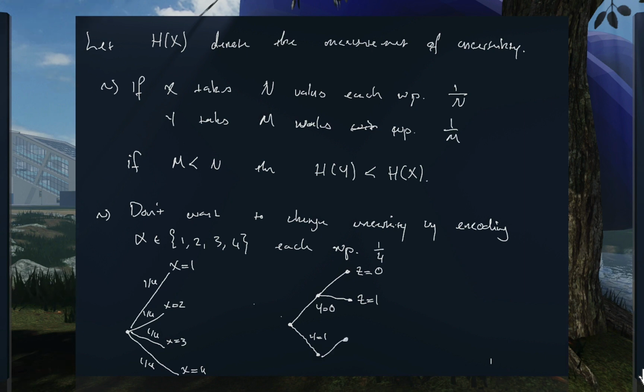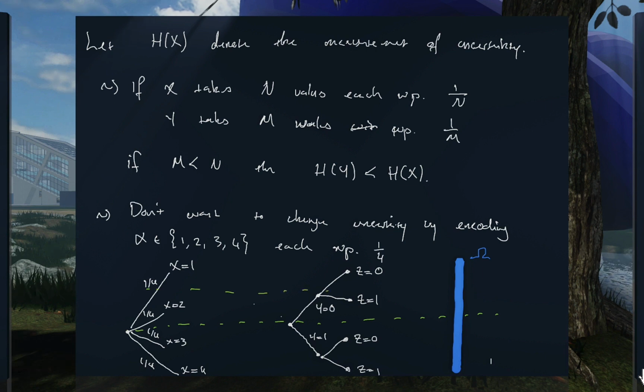And likewise for when y is equal to 1. And then I'll just finish off this diagram like so. So we'll put our representation of our outcome space over here. And then we can think about where we're ending up in this outcome space.